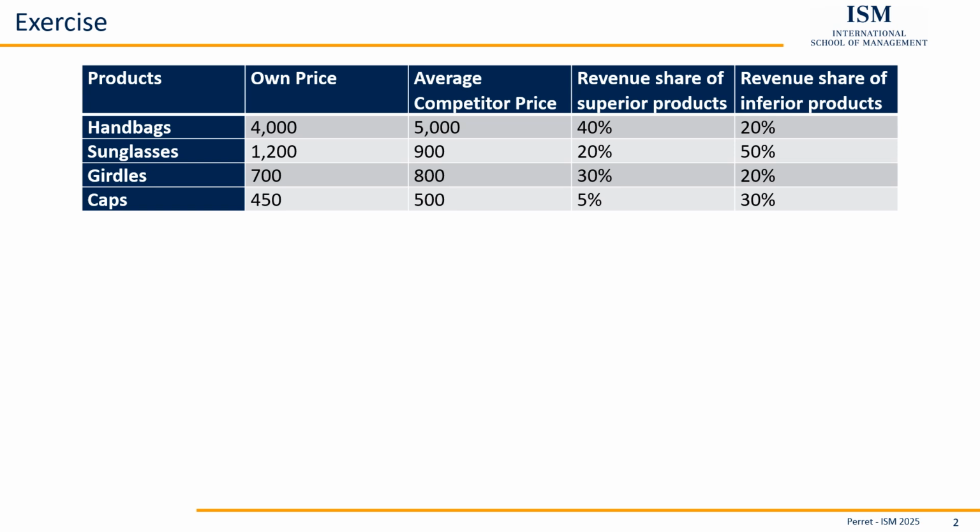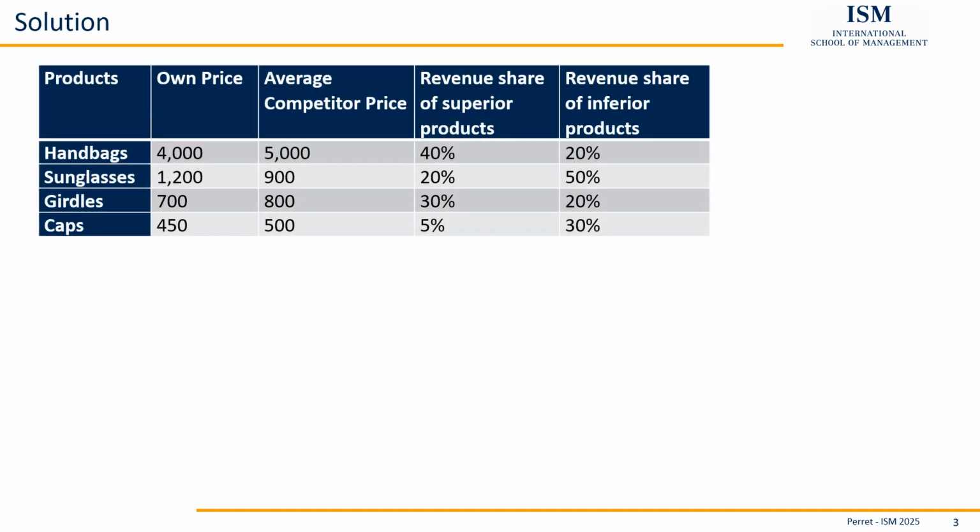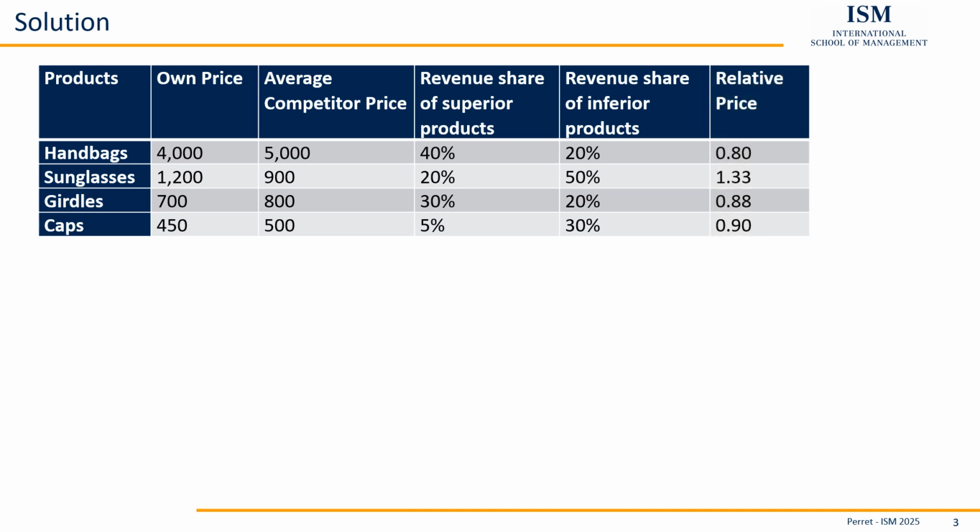And well, that's all the information we need, and what we have to do is simply determine the value position of those four products or business units. To do this, I first copy the table from the slide before. Then I'm going to add some additional columns where I do some more calculations. The first is the so-called relative price.